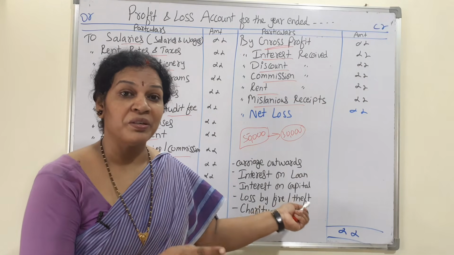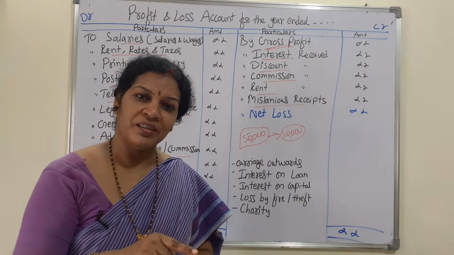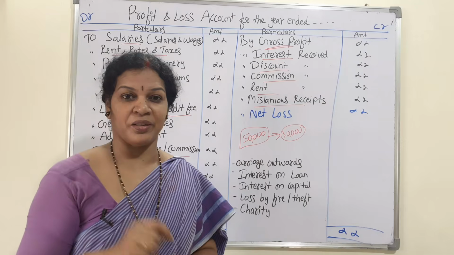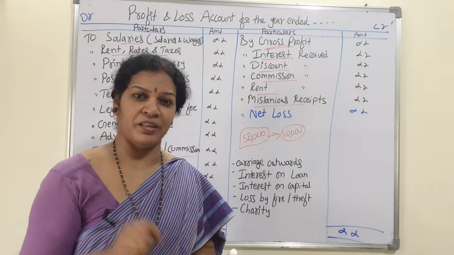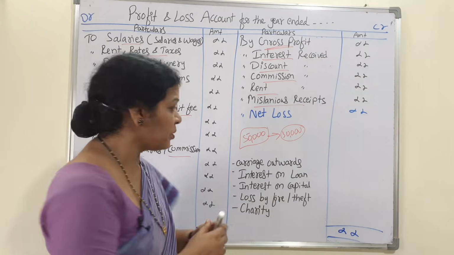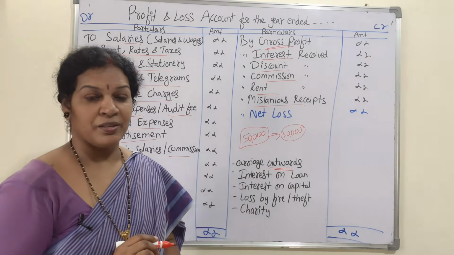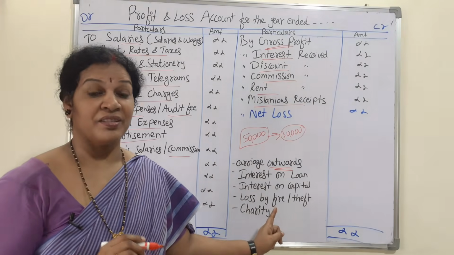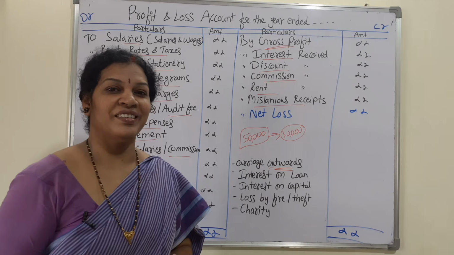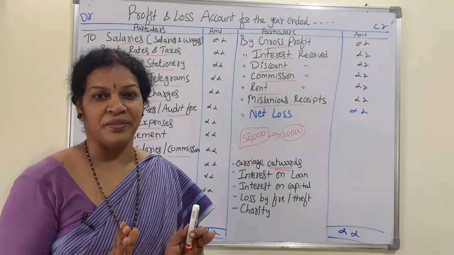That is why carriage outwards we take as indirect expenses. If it is carriage inwards, direct expenses, trading account. Simply carriage is also direct expenses, trading account. Only carriage outwards comes as indirect expenses. Carriage on sales is also indirect expenses. Carriage on purchases, trading account, direct expenses. This difference you have to identify.